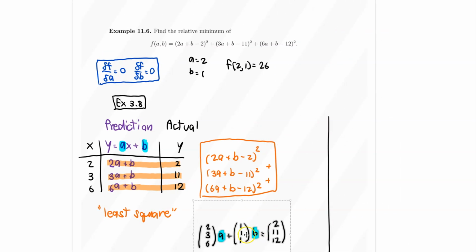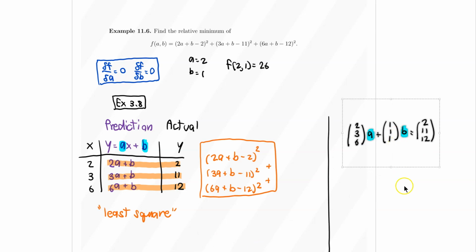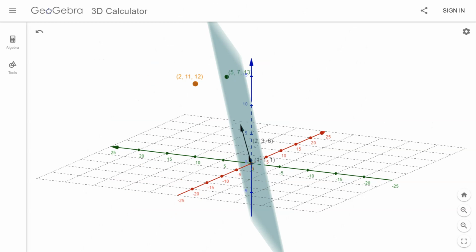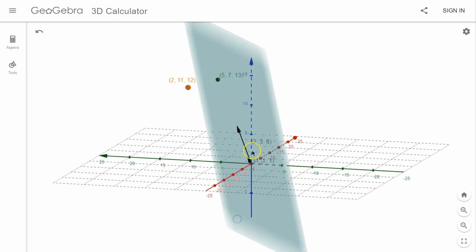We said that this system does not have a solution because 2, 11, 12 is not in the span of these two vectors, and that's what we see here. This point 2, 11, and 12 is not in the span of these two vectors, which are 2, 3, 6, and 1, 1, 1.